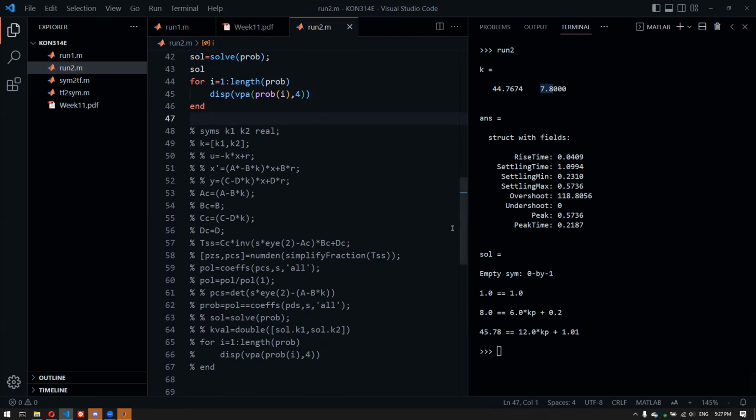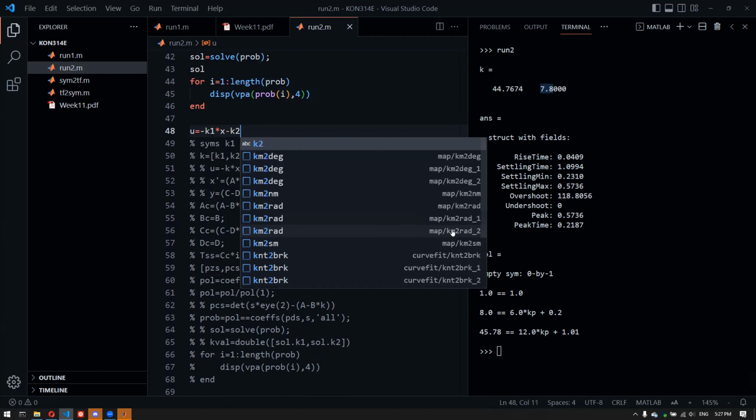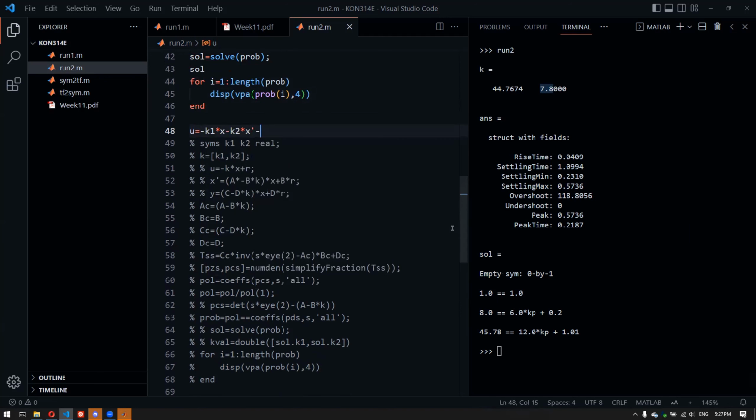But if it's the third order one, then due to the rule, it would look like this. U equals minus k1 times x minus k2 times x derivative minus k3 times x double derivative.